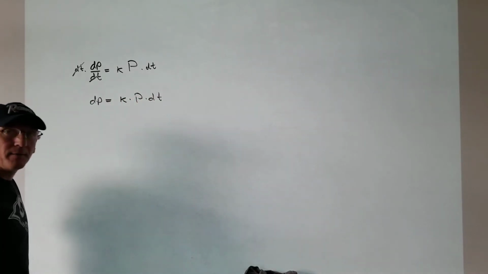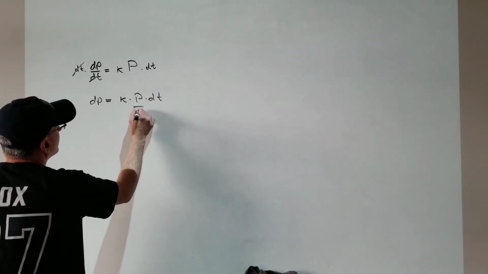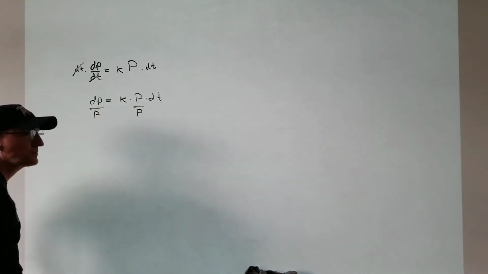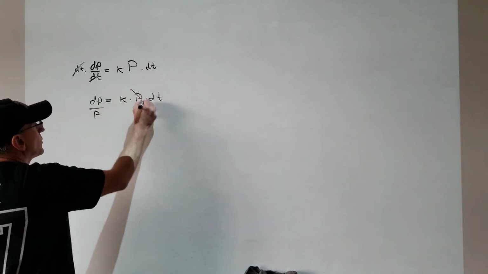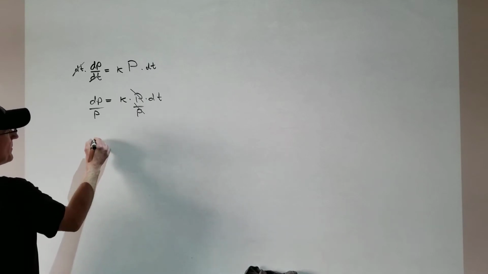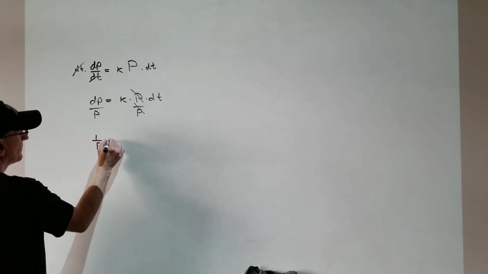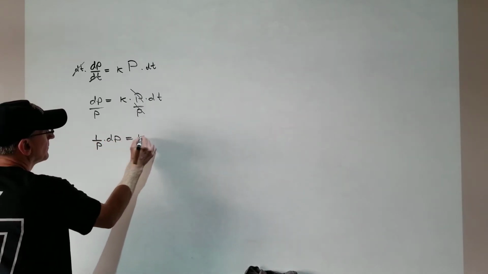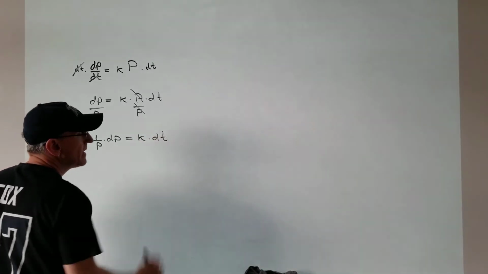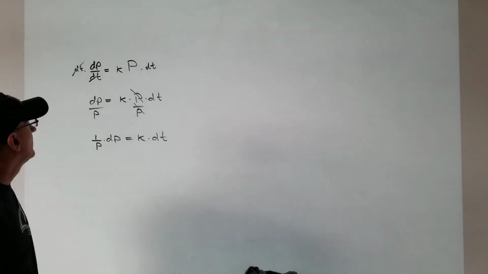Now divide both sides by p, like this. Cancel these p's, and you now have something like this. It's separated and it's ready to solve.